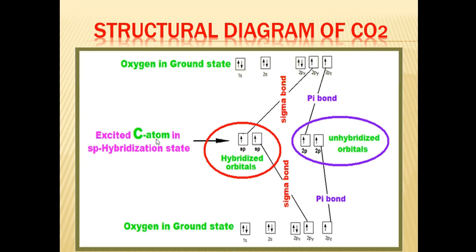These electrons on sp hybridization produce 2 sp hybridized orbitals and 2 unhybridized p orbitals.